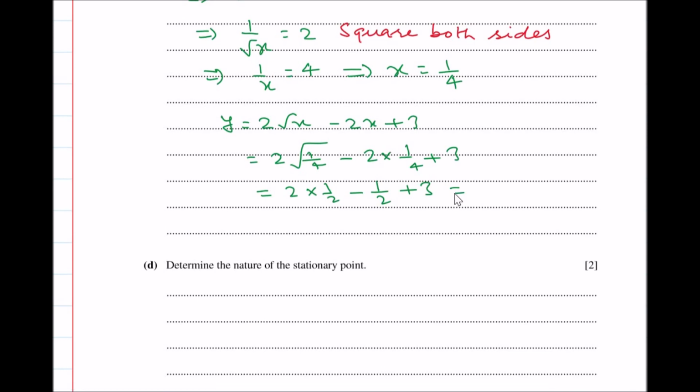If you simplify this, we get 4 minus half, that is 3 and half, that is 7 by 2. So let us write the final answer here: the coordinates are 1 by 4 and 7 by 2.